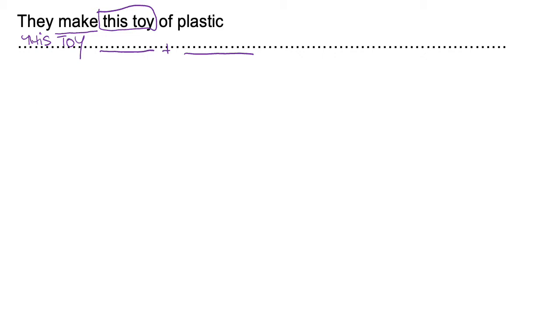Third step, we're going to write the past participle of this verb. In this case, it is make, made, and made. Alright, so this is the past participle that I have to write here.